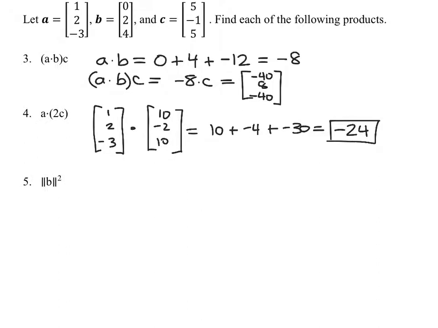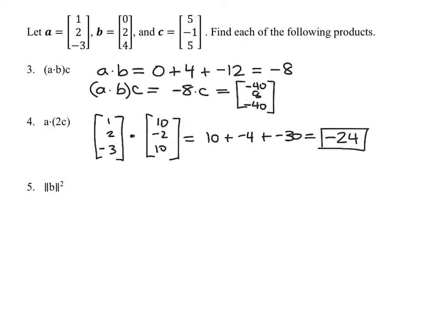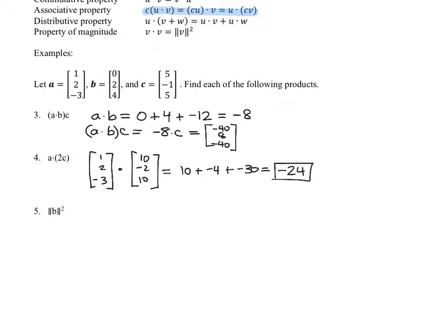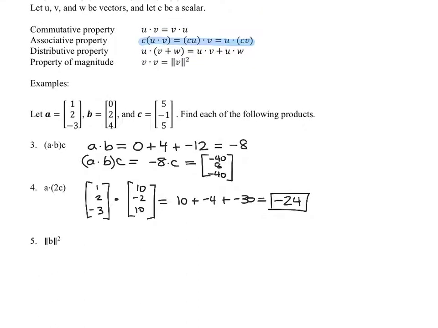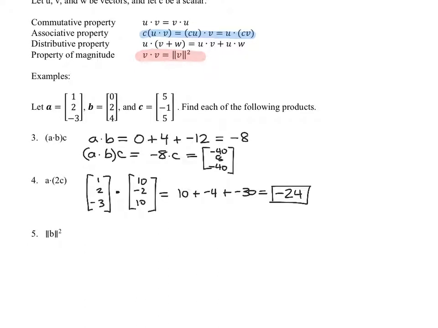The last one I think is the most interesting one, because now we've kind of talked about this a little bit. That's the property of magnitude, which tells us that, and I'll show you the proof for this in a minute.